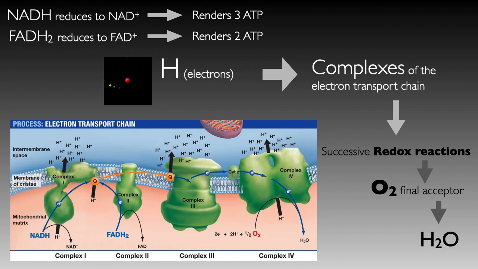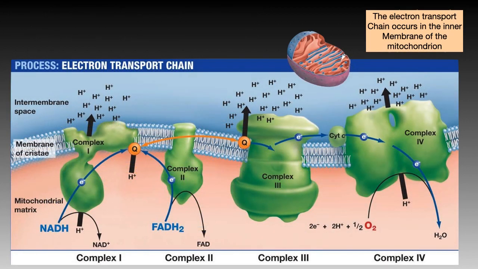This is going to create an electrochemical gradient of protons between that space and the matrix. So now protons are pushing hard to move into the matrix. The final electron acceptor, as you see here, is complex 4, and this one is special because it can combine 2 electrons, 2 protons, and oxygen to form H2O, which is water.